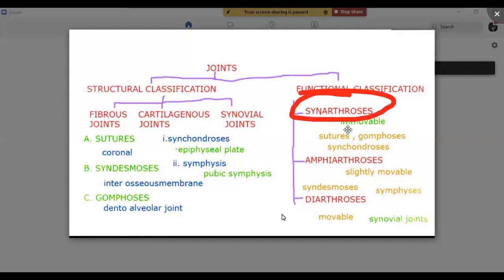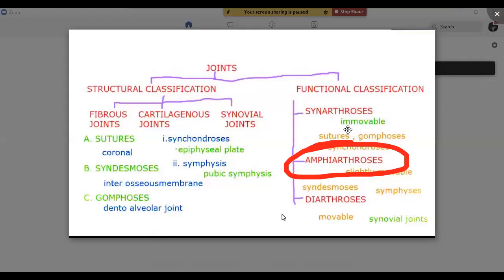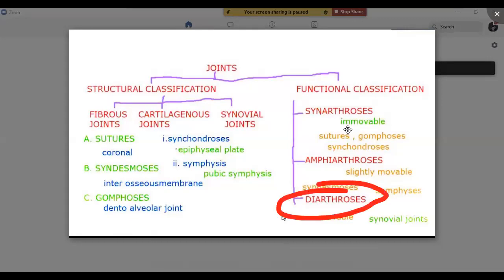Syn means united, so immovable joints are called synarthrosis. Amphiarthrosis is imperfectly movable joints, meaning they move a little bit. Diarthrosis is completely movable joints. So that is the functional classification.